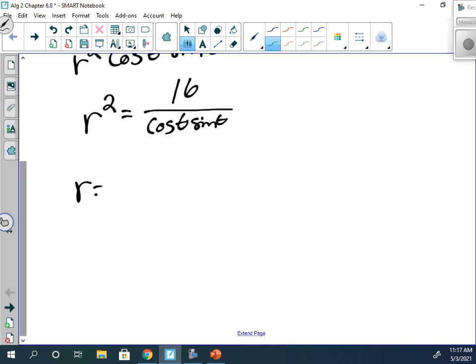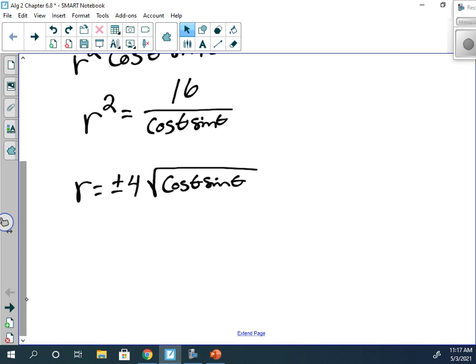And then we'd have to square root. Well, square root of 16 is plus or minus 4 times square root of cosine of theta sine of theta. That would be our answer, because we can't really get sine and cosine of theta out of the radical, so we end up with this here.